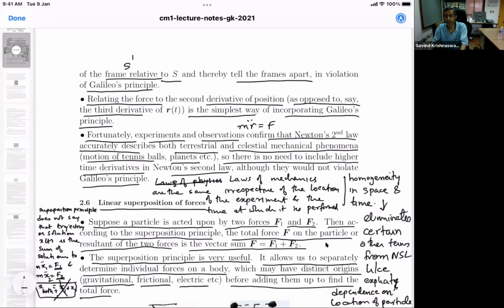So that already tells you that the force has to be a vector, and now the superposition principle of forces is then to be expected. But there is no harm in checking whether it is actually true. So, in other words, you are saying that stating the superposition principle is somewhat redundant.